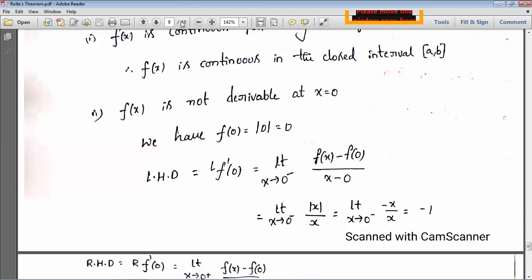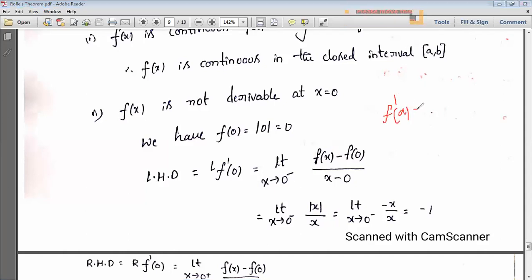This is the formula for the derivative we are using: f dash of a is equal to limit x tends to a, f of x minus f of a by x minus a. This is the formula I am applying for finding the derivative.